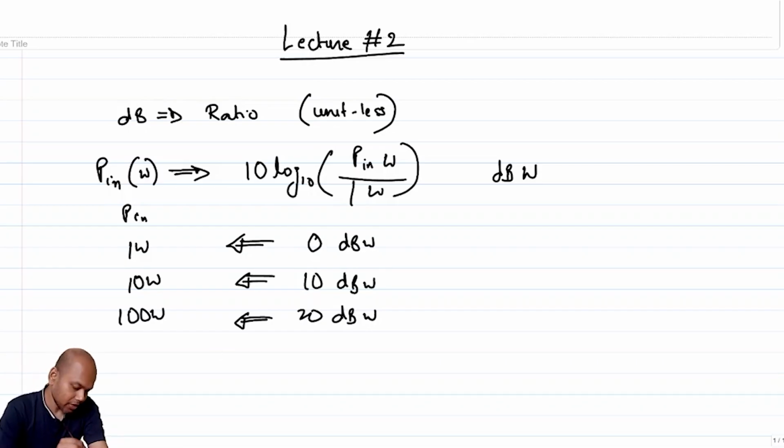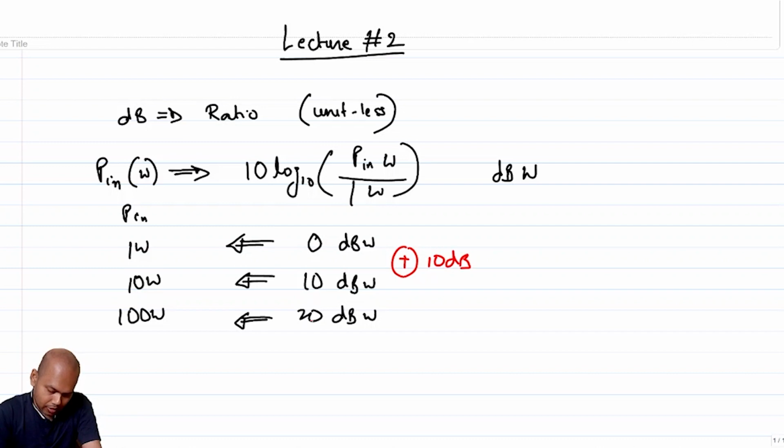The easy hack to remember is that if I increase my power strength by 10 dB, I multiply by 10 in linear scale.